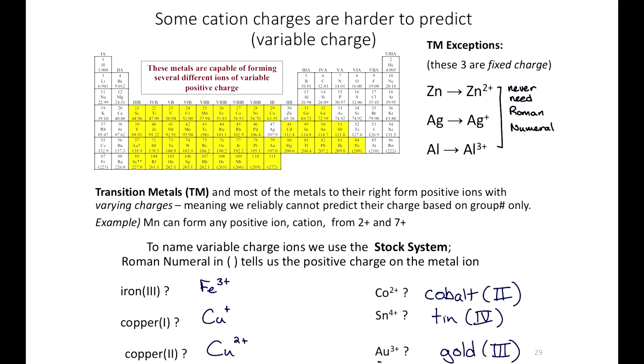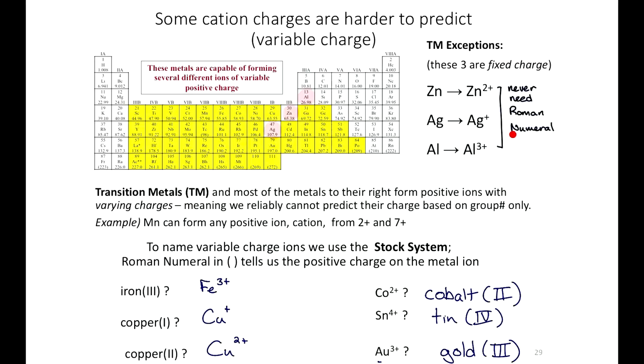The elements silver, zinc, and aluminum are in the middle of the periodic table, but these elements also have fixed charges. Silver, when it's an ion, is always silver plus. Since it's always silver plus, we do not need the Roman numeral when talking about a silver ion.